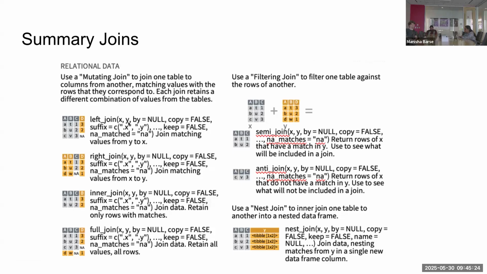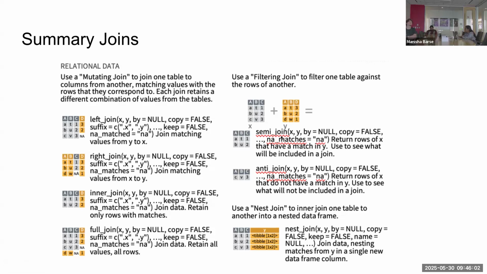The right join matches the values from x to y. If there are any differences, you can see the NAs here. The inner join just retains the rows which have matches, and the full join retains all the values and all the rows.